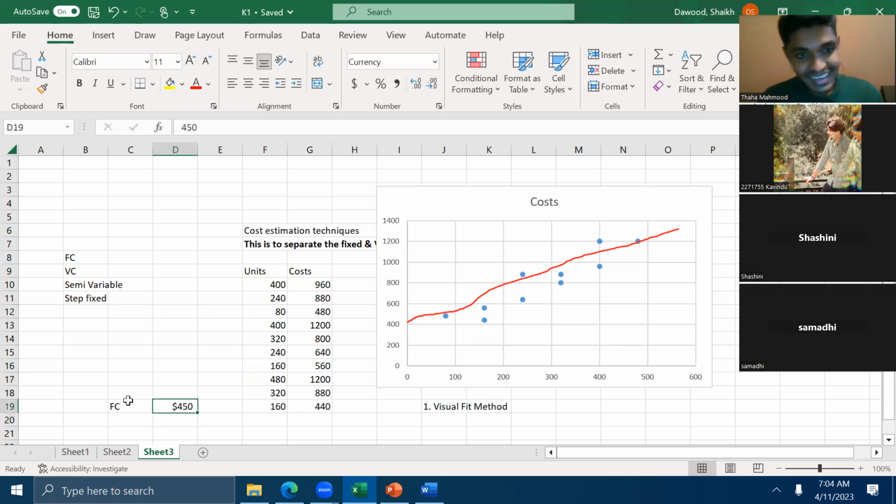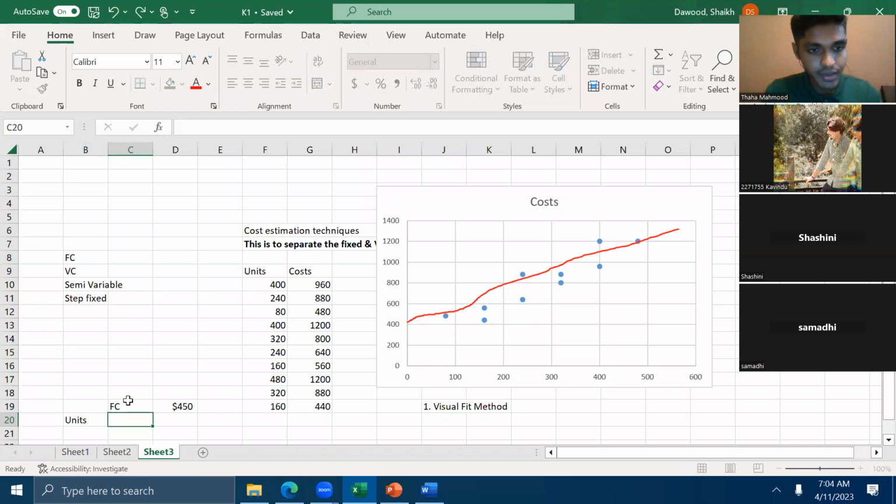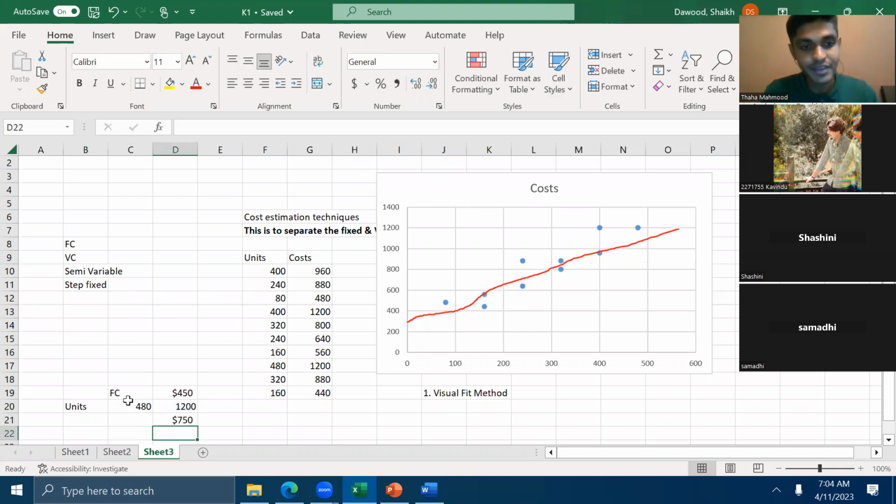What we can do next is substitute. When the number of units is, let's say, the highest one at 480, the total cost is 1200. Out of this 1200, 450 is fixed. So this 750 is the variable cost portion.